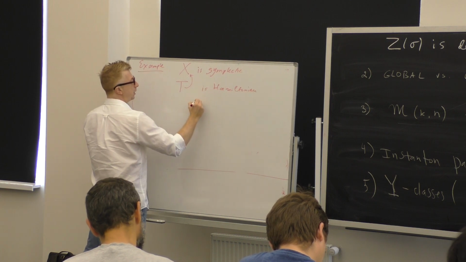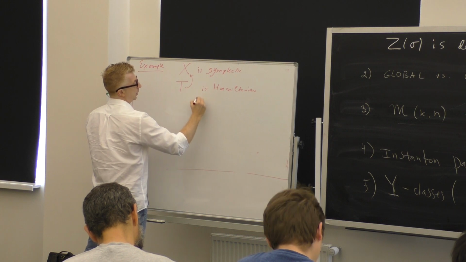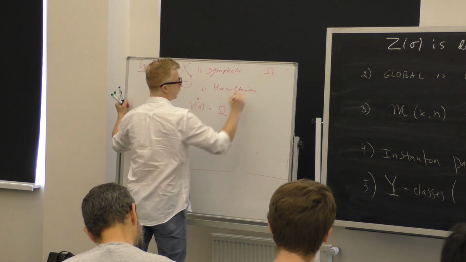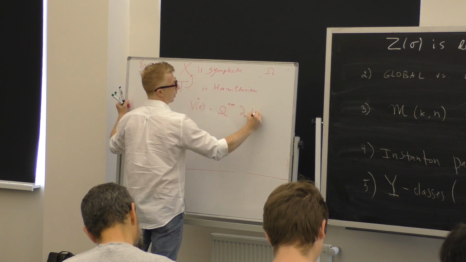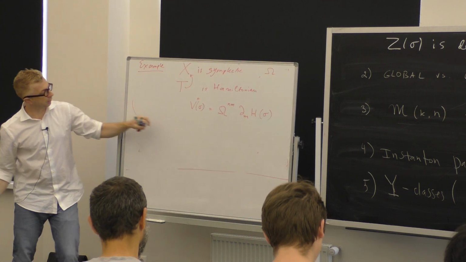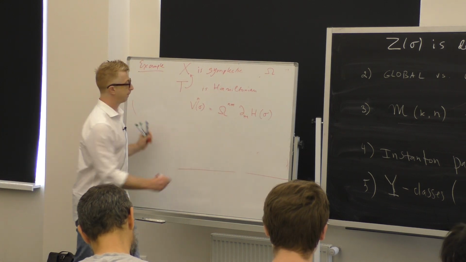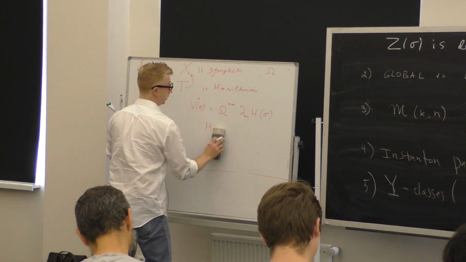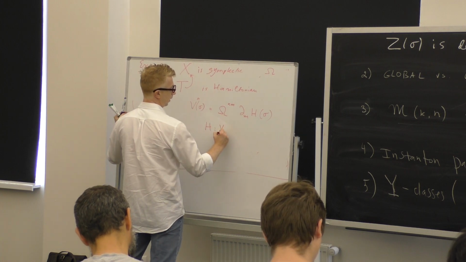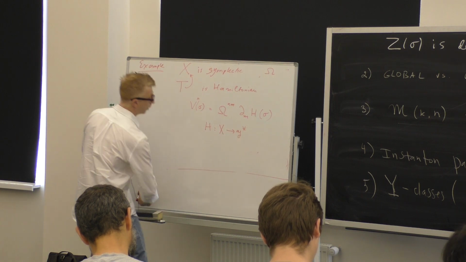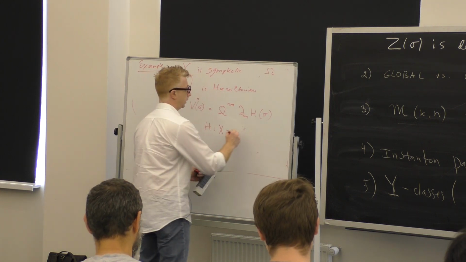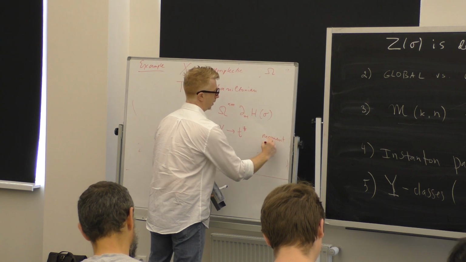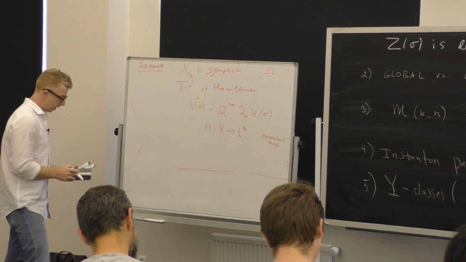So omega is a symplectic form. Each vector field V of sigma comes from a Hamiltonian, which is linear in sigma. So H is known as a moment map.